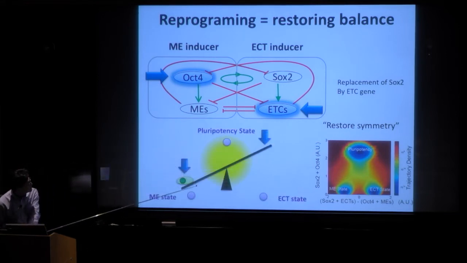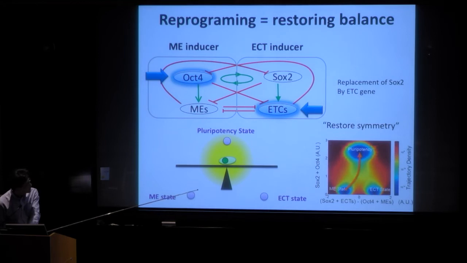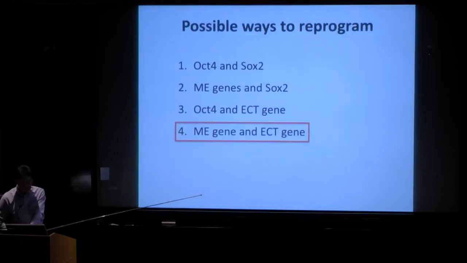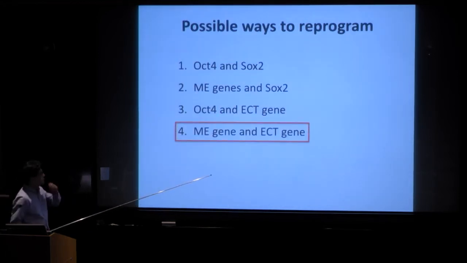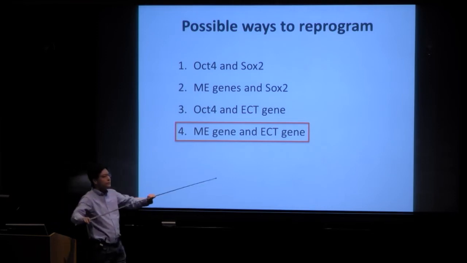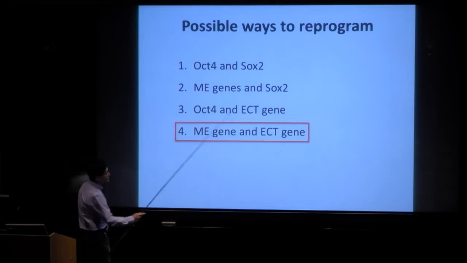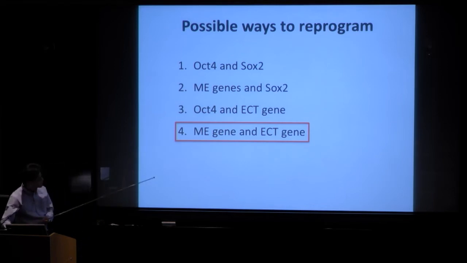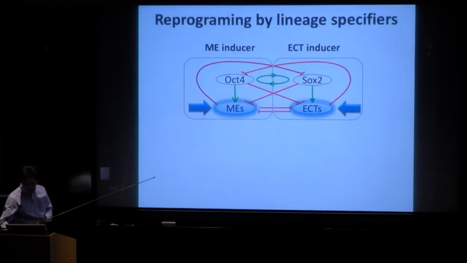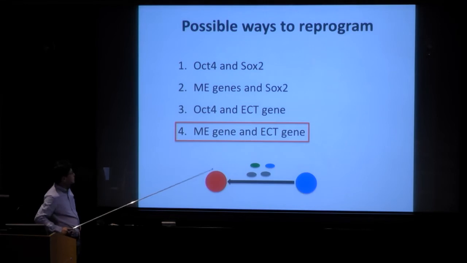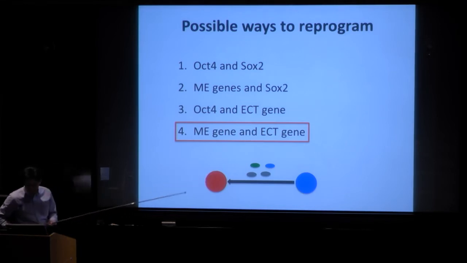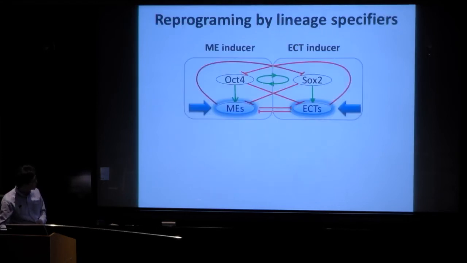Okay, so this can explain all the experiments, but also makes a very interesting prediction. To restore the balance, you don't have to use any of the stem cell genes. You can use the differentiated genes. So to go to this red cell, you don't have to use any genes in the red. Okay, so this was a big surprise to biologists.